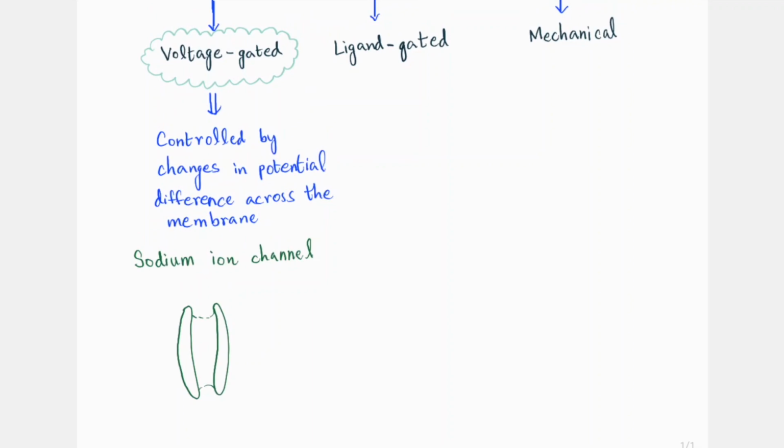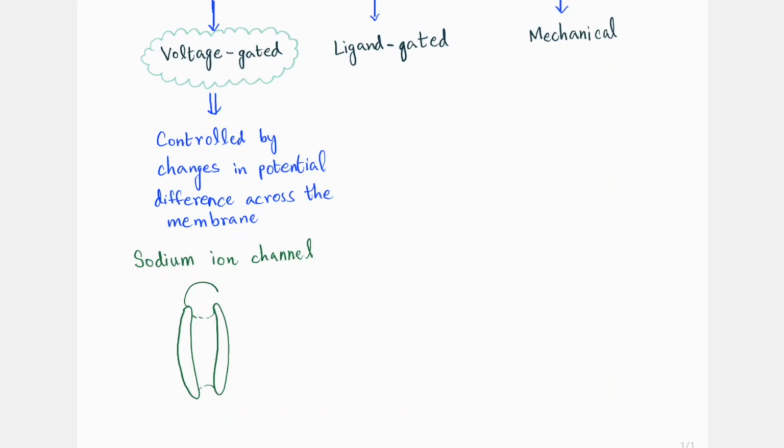Leaky channels, and they have their own uses. Like you'll see in a minute that potassium leaky channels are very important. But for now, for sodium ion channels, leaky channels are not of that much importance. And so there is one gate here. In the initial stage, this gate remains closed.